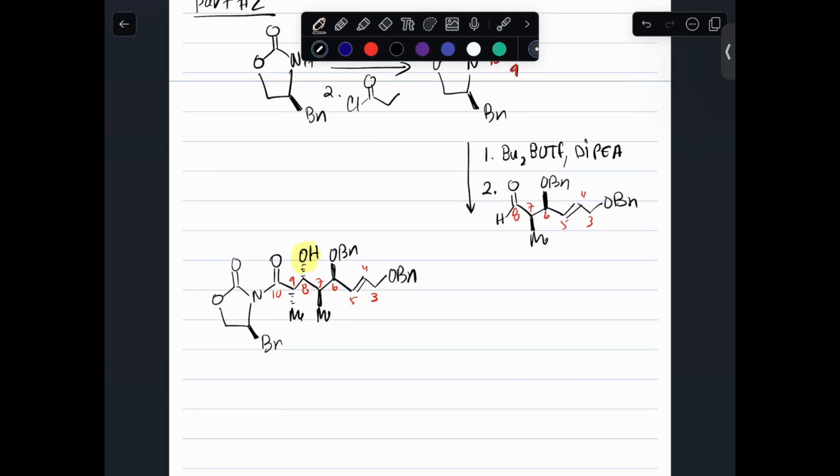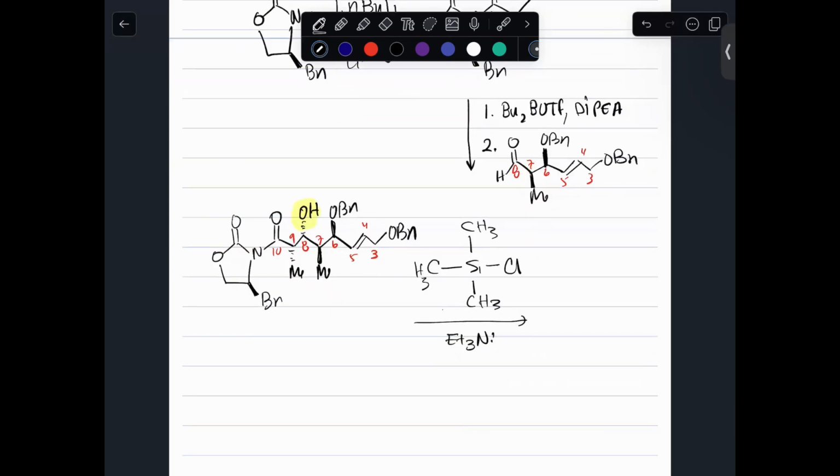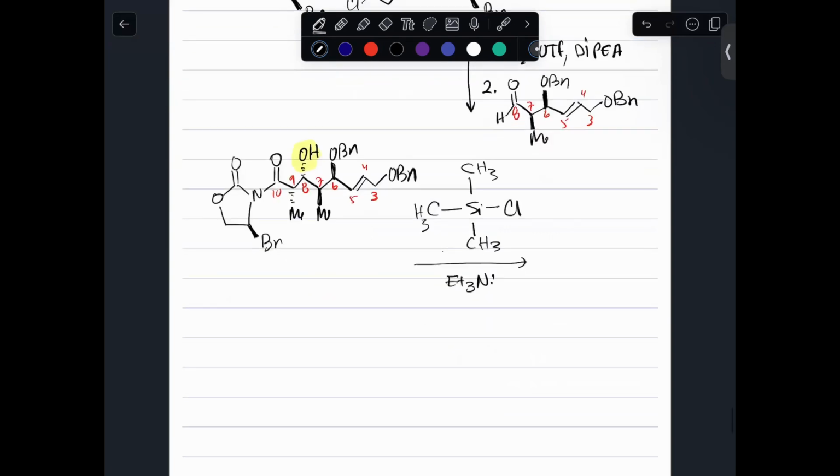Again, trimethylsilyl chloride. Your silicon is bonded to a chlorine in the presence of an amine base. The nitrogen deprotonates the alcohol, and once it deprotonates the alcohol, the oxygen attacks the silicon and kicks off the chlorine to protect your alcohol.